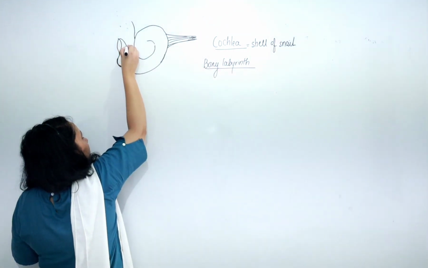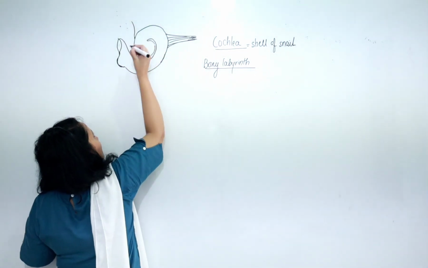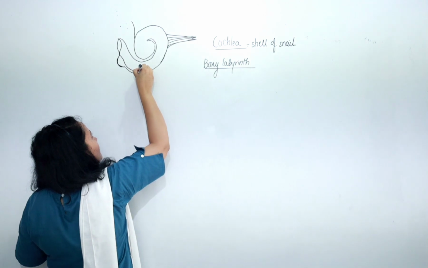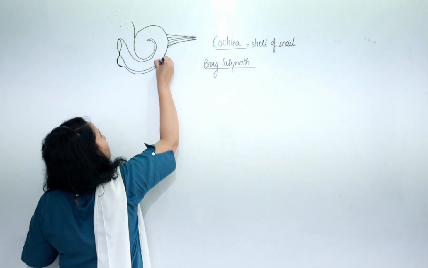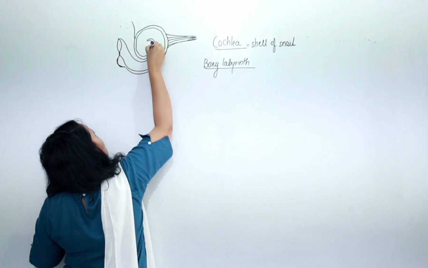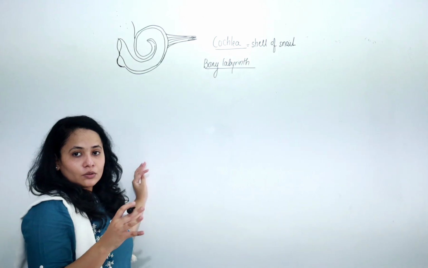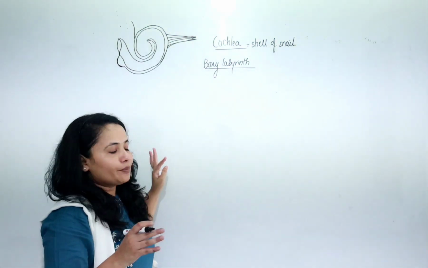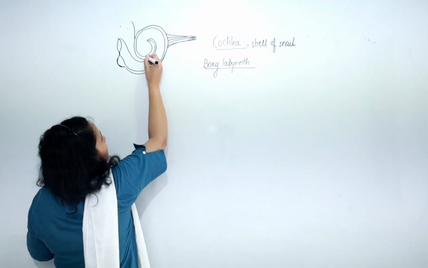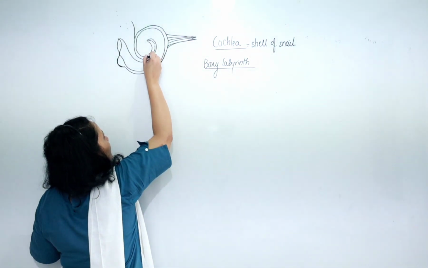Inside this there is a membranous labyrinth. It goes this way. This is how it goes. So if we talk about these two labyrinths, how do they appear? Let us talk about the cross-sectional part of this area.